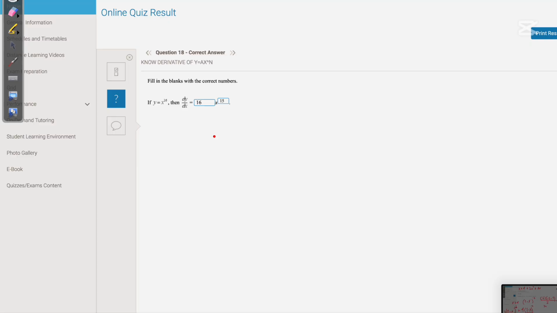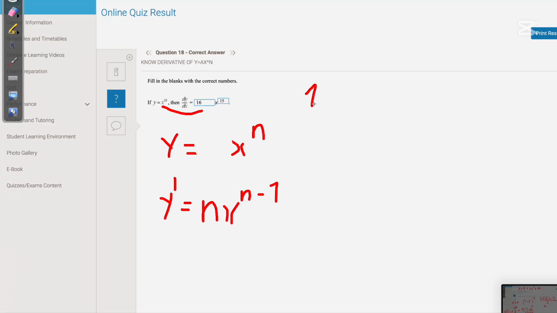Let's say y is equal to x to the power of n. Then y prime would be n times x to the power of n minus 1. So here it's 16x to the power of 15.